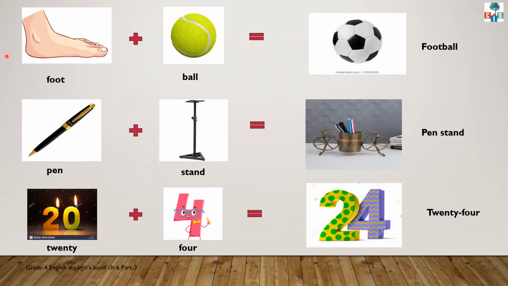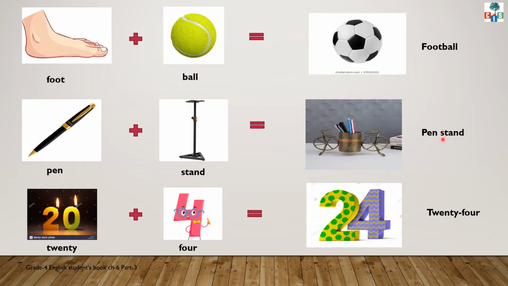Look at these examples, children. Foot plus ball. It gives you another word, that is football. And there is no space after joining these two words. So, it is a closed compound word. Pen plus stand. We got a new word, pen stand.